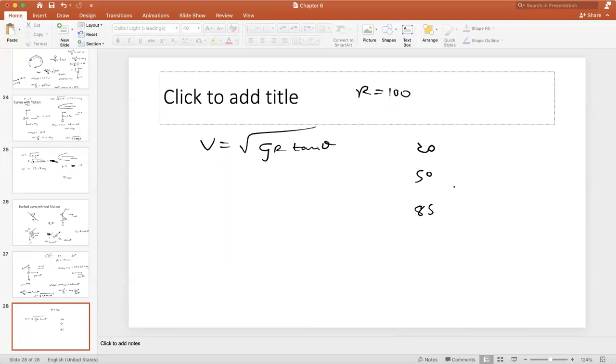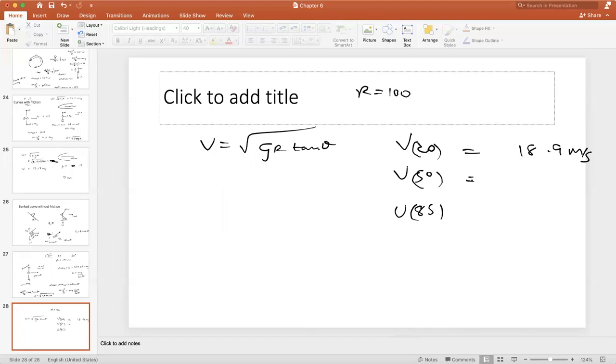I get 18.9 meters per second. I can take that turn at almost 40 miles an hour if it's banked 20 degrees without even having friction. And I will go around that turn just because of the banking.